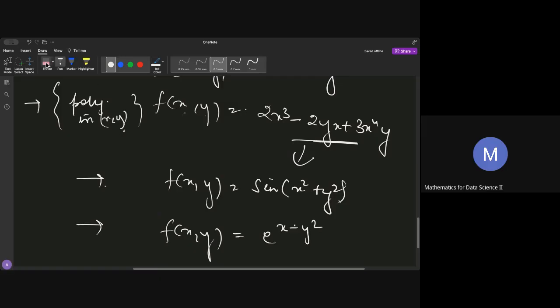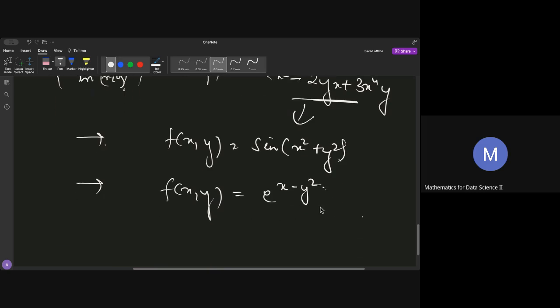If the value of x is 1 and y is 0, you will have e to the power 1 minus 0, which is e to the power 1, a scalar number, not a vector. So this is a scalar valued function in exponential form.